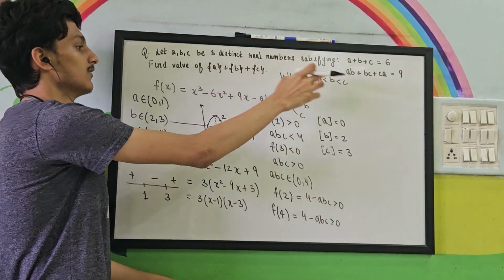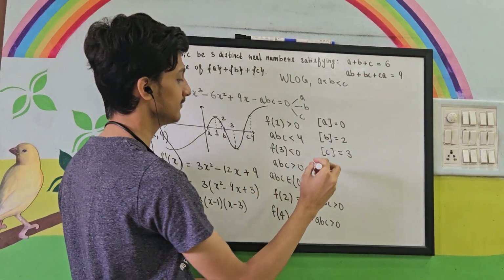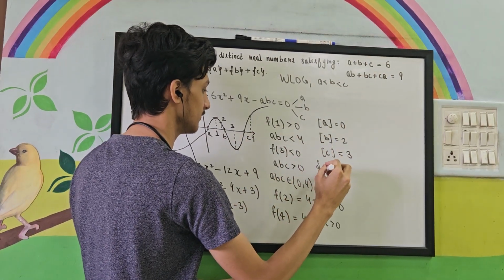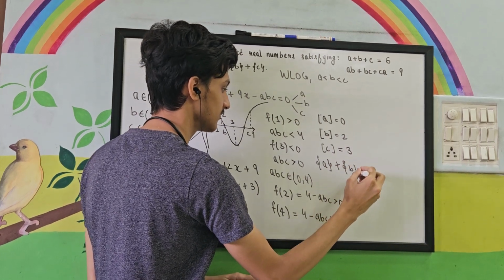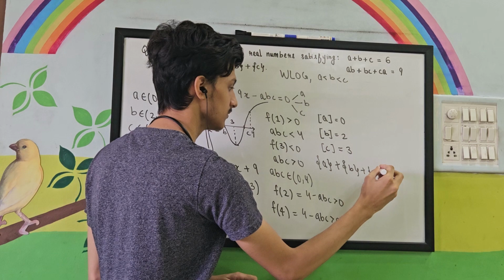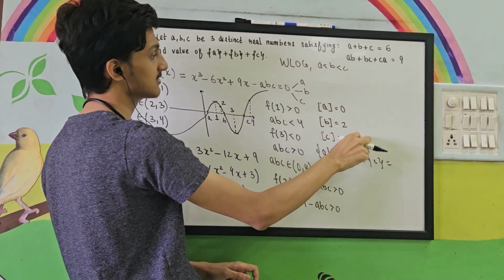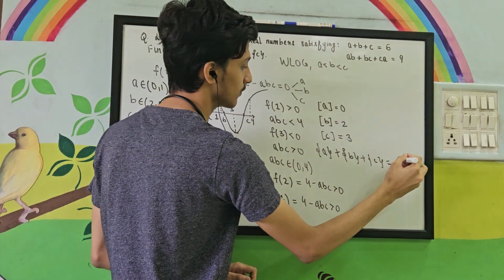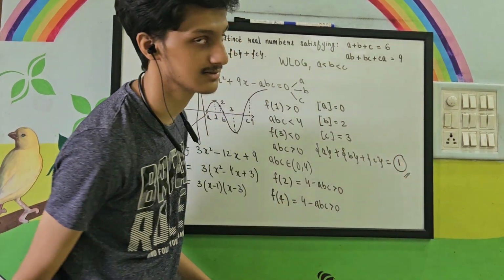Hence, if we subtract this sum from 6, we will obtain fractional part of A plus fractional part of B plus fractional part of C is equal to 6 minus 0 minus 2 minus 3, 6 minus 5, or equal to 1. And that, ladies and gentlemen, is the required answer.